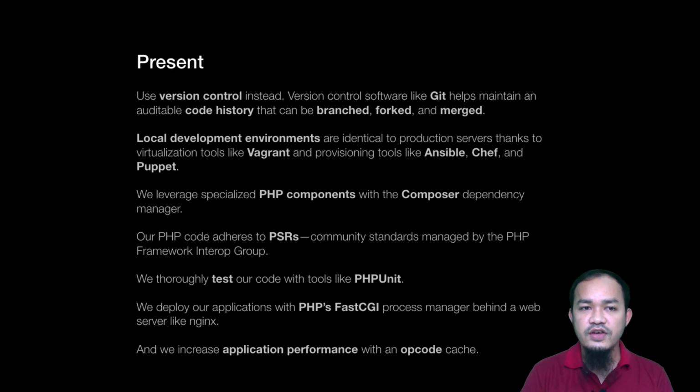For example, we use version control. Instead of FTP, we use Git to keep the history of our code, and then we can branch, fork, and merge our branches together, which means that several people can work at the same time without conflicting code.